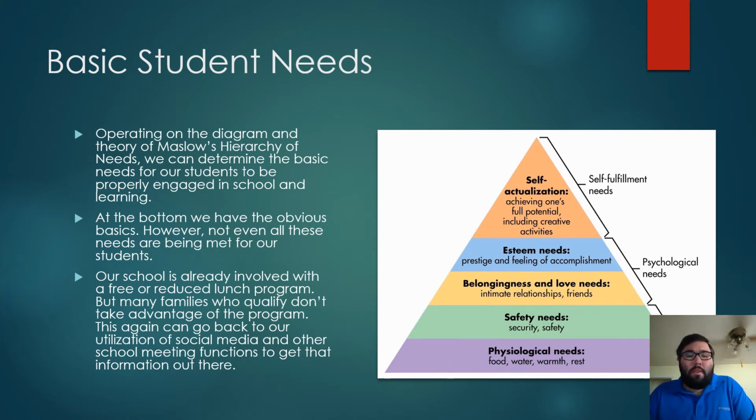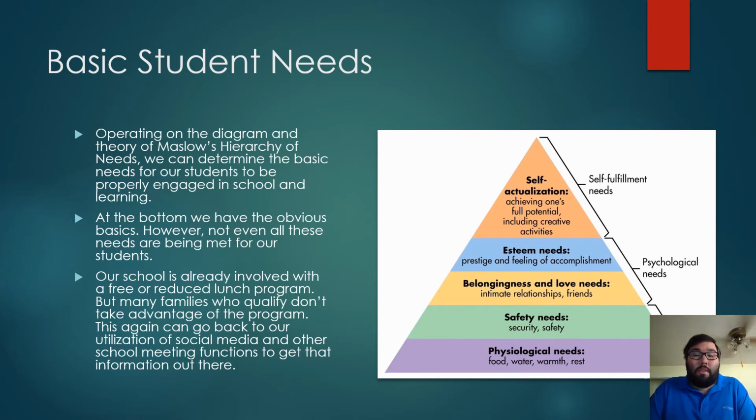You can see down there at the bottom we have the physiological needs. So that would be things like eating breakfast that morning, or having lunch, or having warm clothes to wear and a place to sleep. And then that kind of also ties into safety needs. So, having a place where they feel that they're safe. So their home being safe, it has doors that lock, it has windows that lock.